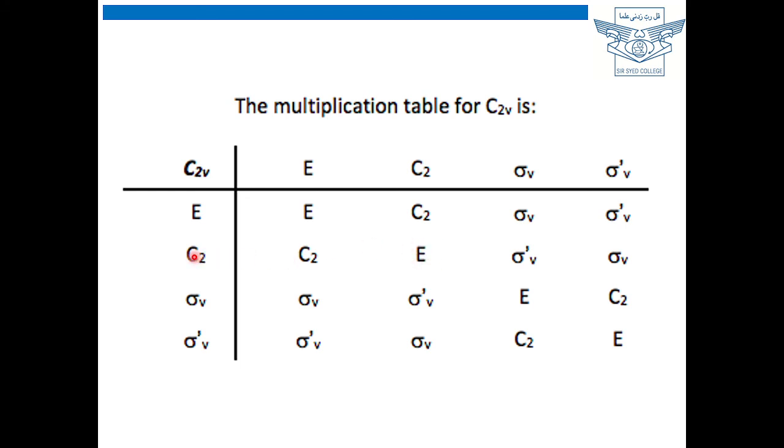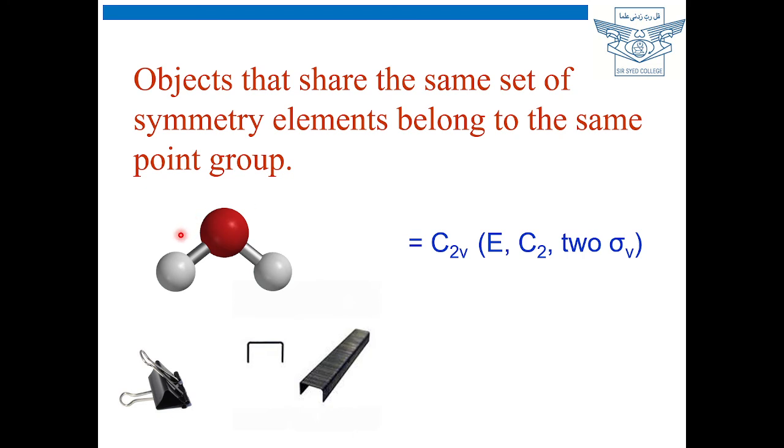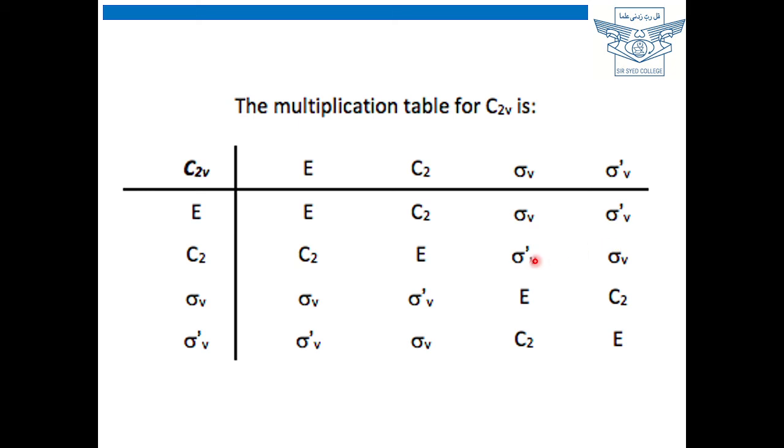Now C2 followed by sigma V. This is quite tricky. Initially do C2, this is coming here and this is coming here, and then do sigma V: rotate it, then reflect it along a vertical plane. What you get is equivalent to the other vertical plane reflection, that is sigma V prime.